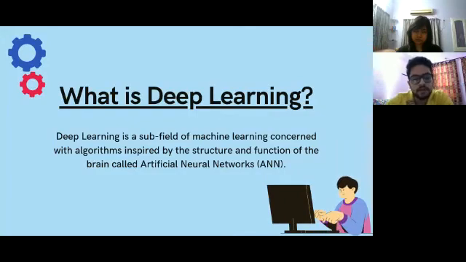Currently, we'll be focusing on supervised learning. What supervised learning means is that, let's say you have a given input data X and you have an output variable Y. So you choose an algorithm to learn that mapping function Y is equal to f of X.